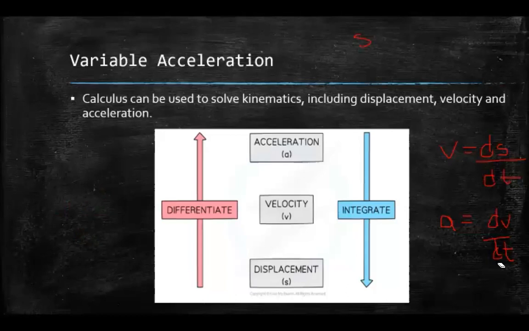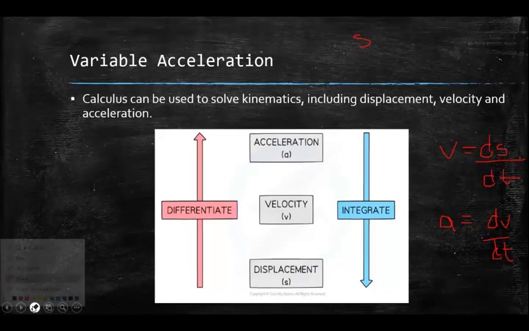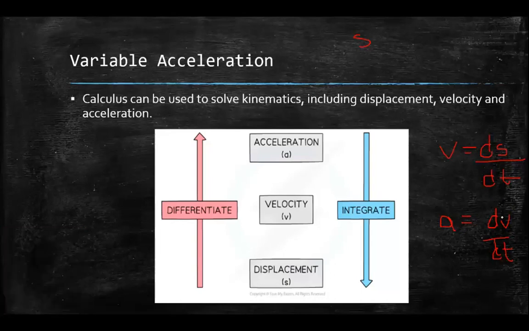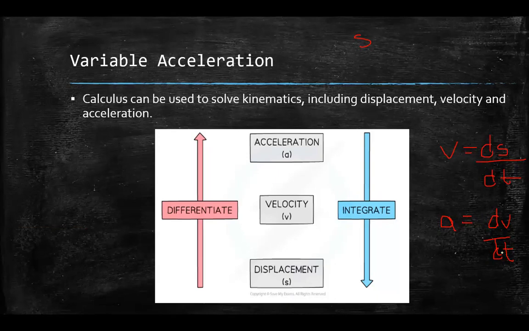What does that mean? It's the reverse, or the opposite, of differentiation. So if A is dv on dt, and I want to find v, I would just do the opposite of differentiation.